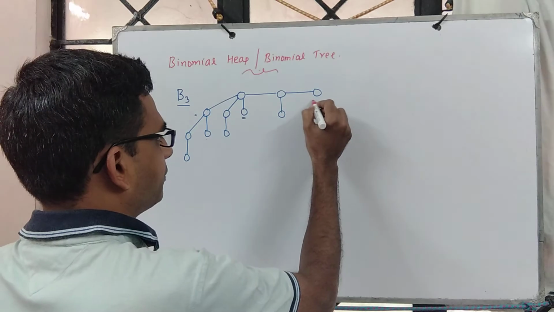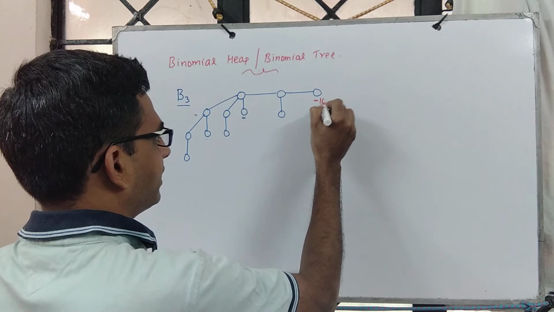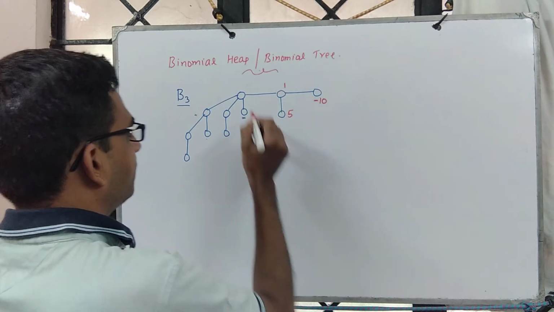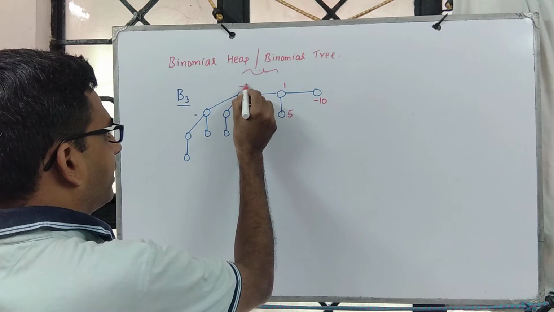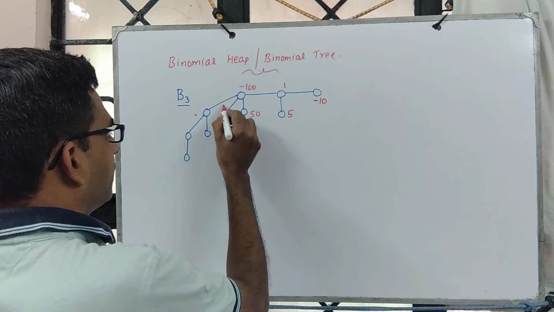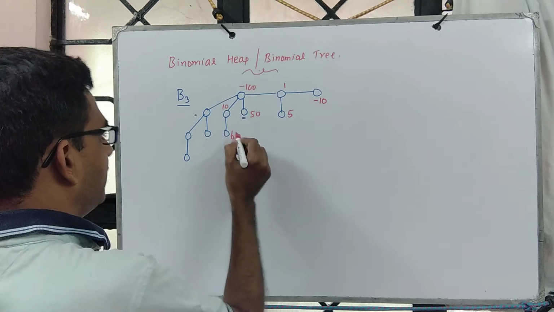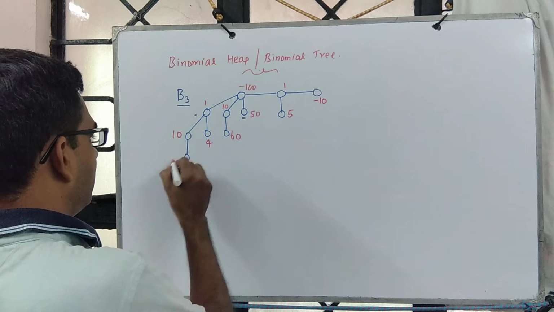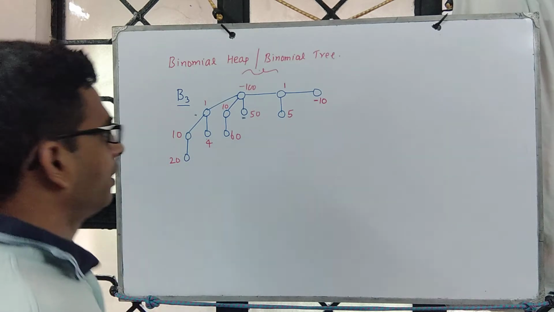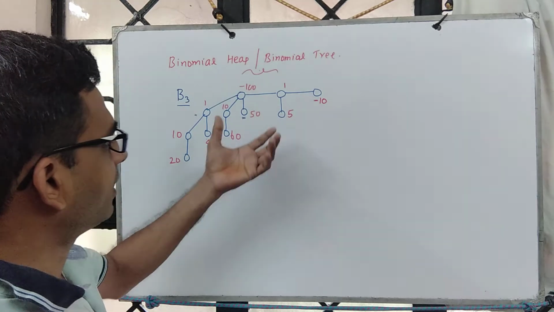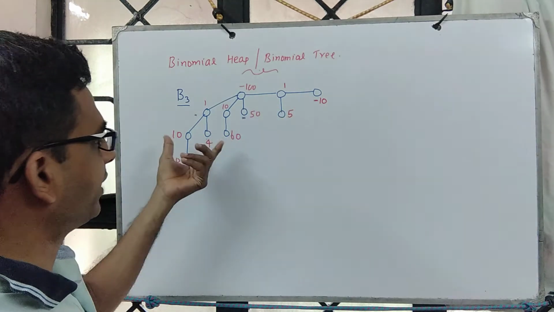Let's assume this value is say minus 10, this value is 1, and this value is 5, and this value is say minus 100, this value is 50, and 10, 60, and 1, 4, 10, 20. So you can fill in the values in such a way that each one is a min binomial tree.